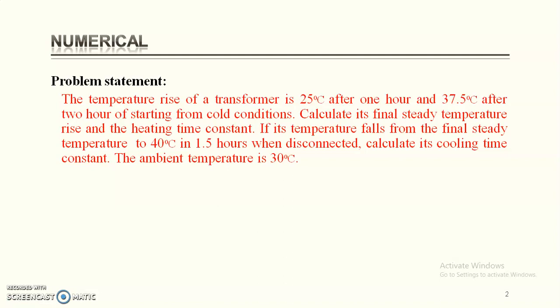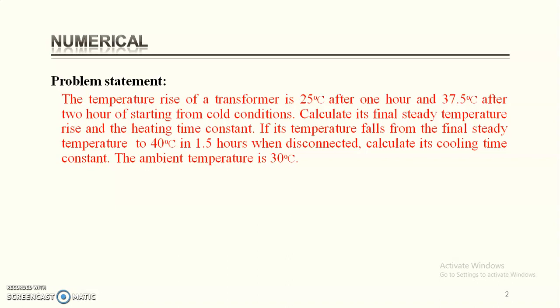First of all, read the problem statement carefully. The temperature rise of a transformer is 25 degrees Celsius after 1 hour, and 37.5 degrees Celsius after 2 hours. So we have two temperature values and two time values, starting from cold condition.